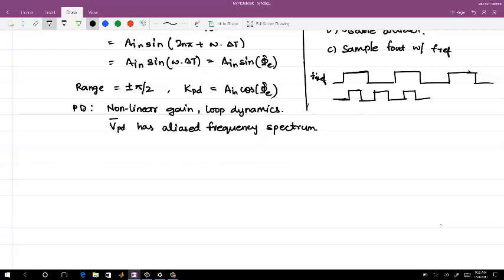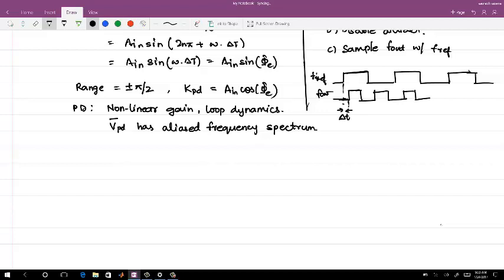Let's say this is the time difference delta t. If I look at the phase accumulation of f out, that is surely twice the phase accumulation of f in, right? That is why we divide the output clock by 2 and refer everything to one single frequency. You cannot directly compare the phase accumulated at a different frequency with the phase accumulated at the reference frequency.